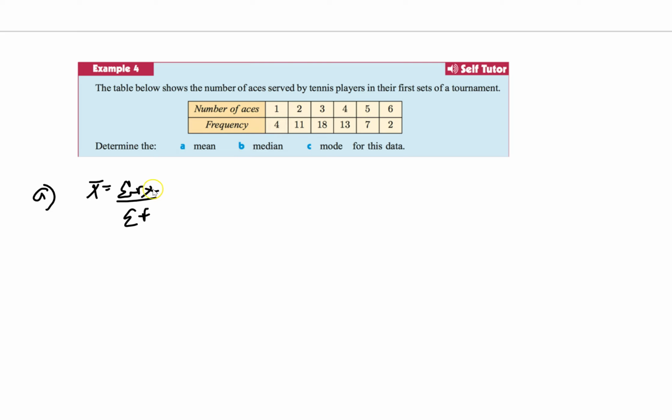So f times x just multiplies. It's going to be 1 times 4 plus 2 times 11 plus 3 times 18 plus 4 times 13 plus 5 times 7 plus 6 times 2. That's all that top part means, right? F, the frequencies, times the x values up there, then add them up. The sigma means add.